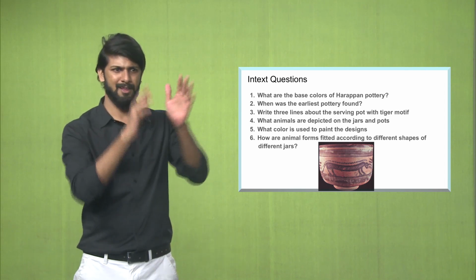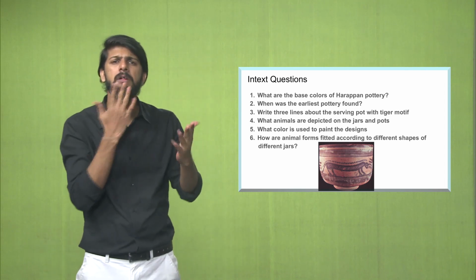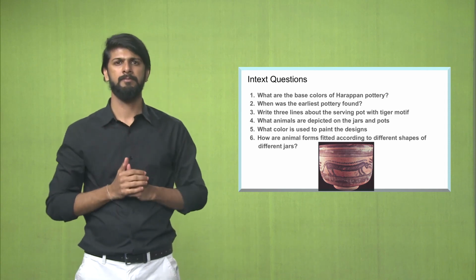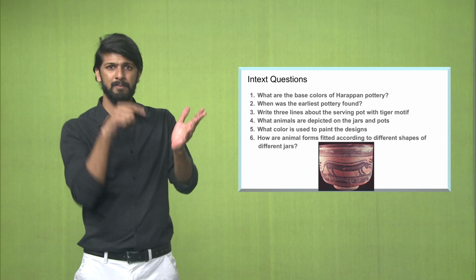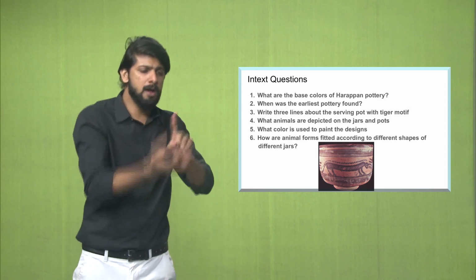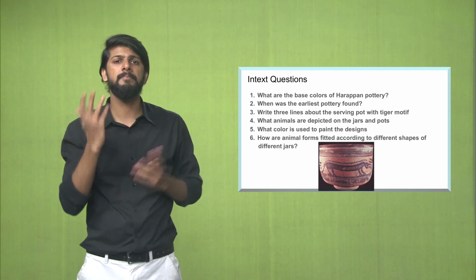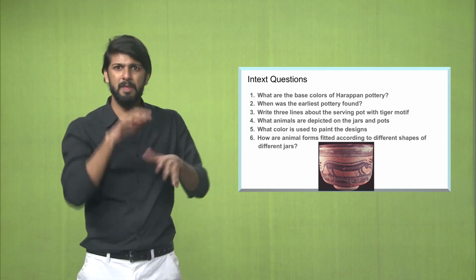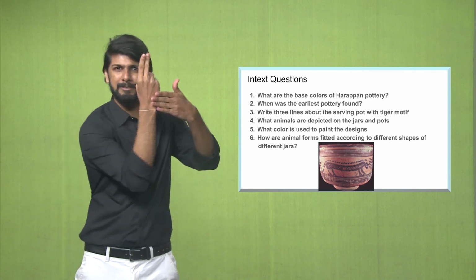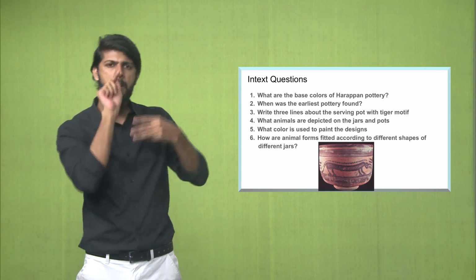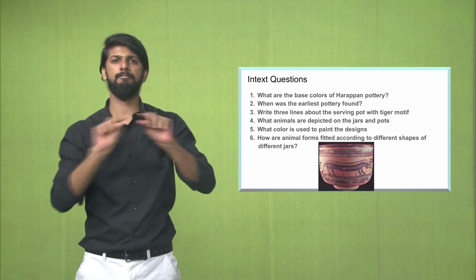What are the base colors of the Harappan pottery? When was the earliest pottery found? Write 3 lines about the serving pot with tiger motif.